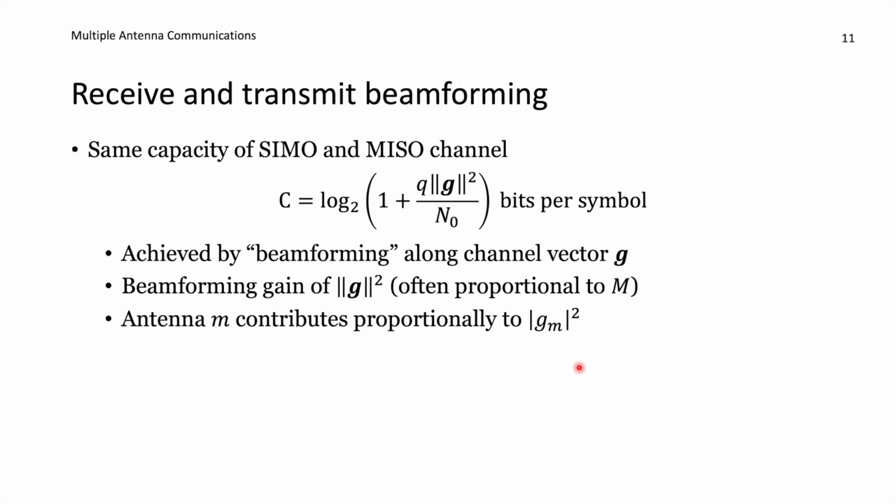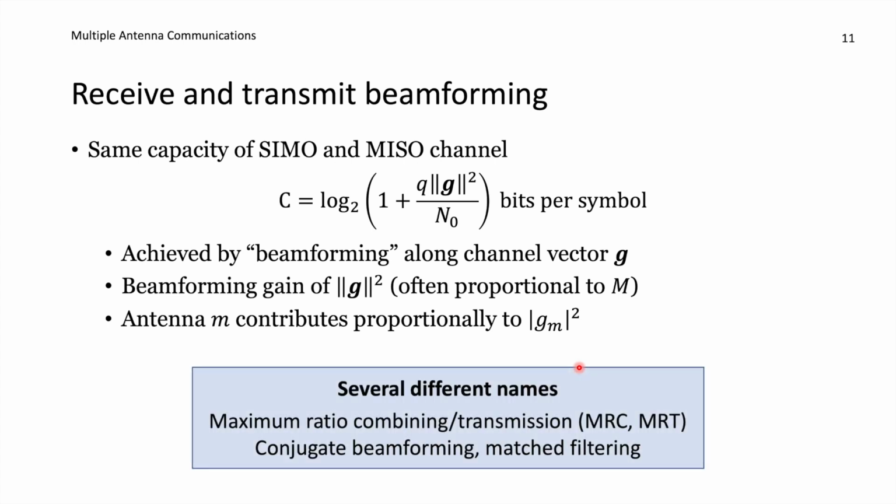The beamforming that achieves the capacity, the optimal beamforming, has been given different names over the years. Maximum ratio combining, or MRC, was what we were using in the reception, and maximum ratio transmission is what we were using in the transmission over the MISO channel. But some people call the transmission conjugate beamforming because we're taking G conjugate and aligning our beamforming with that.